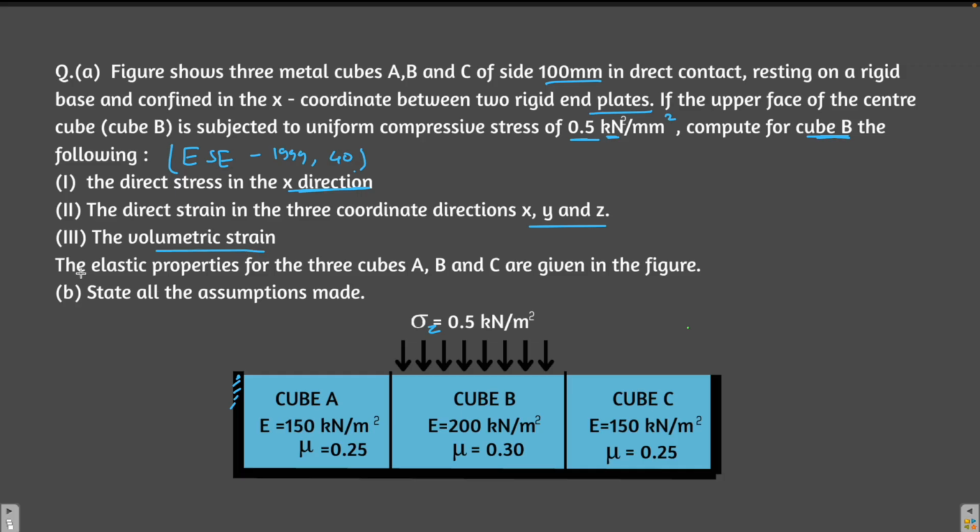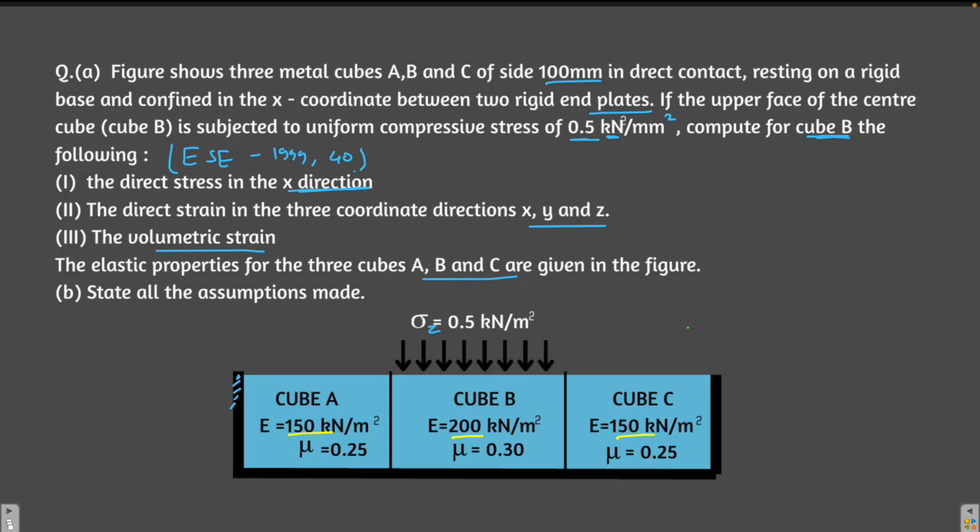Then what is given to you: the elastic properties for the three cubes A, B, and C are given in the figure. E, that is the Young's modulus of the three cubes, is given to you, that is 150 kilonewton per meter square, 200 kilonewton per meter square, and 150 kilonewton per meter square.